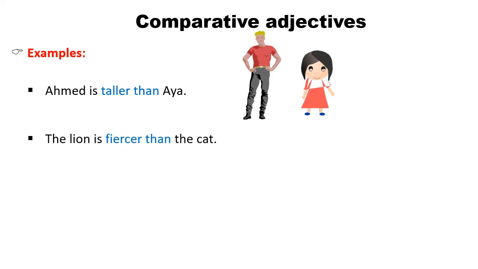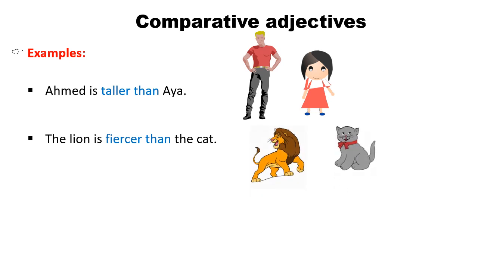Next. The lion is fiercer than the cat. So the lion is fiercer than the cat. And you can say also the cat is cuter than the lion. So here I'm comparing between the two.